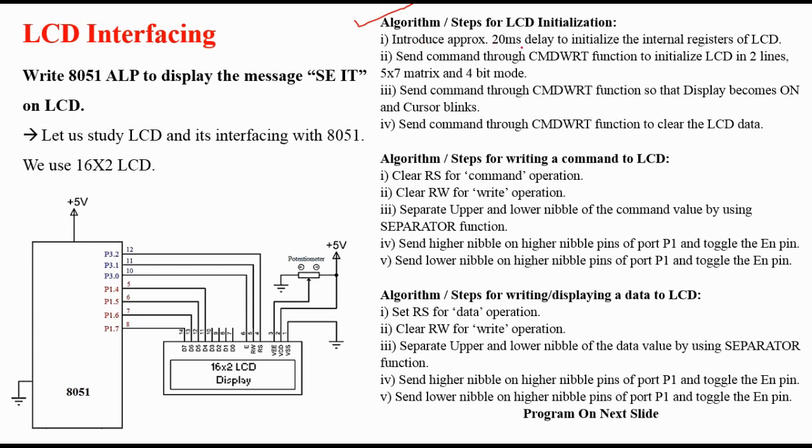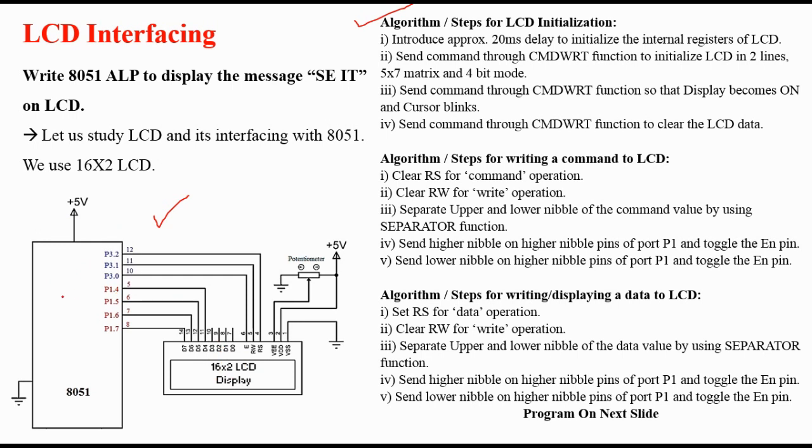Firstly, introduce approximately 20 millisecond delay to initialize the internal register of LCD, because many times in a project with a microcontroller connected with an LCD, the microcontroller is the faster device and the LCD is a slower device.